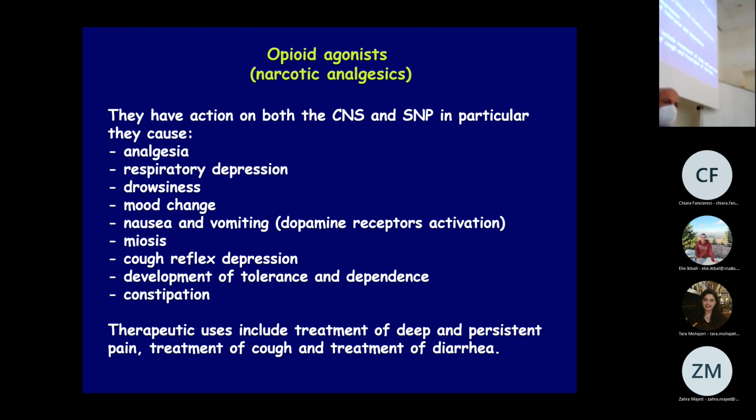Miosis, the eye. Cough reflex depression. This type of compound, in particular codeine, is a potent cough reflex inhibitor. So in case of a strong cough, if you want to limit the irritation to the breath airways, we can use this type of compound, codeine in particular.